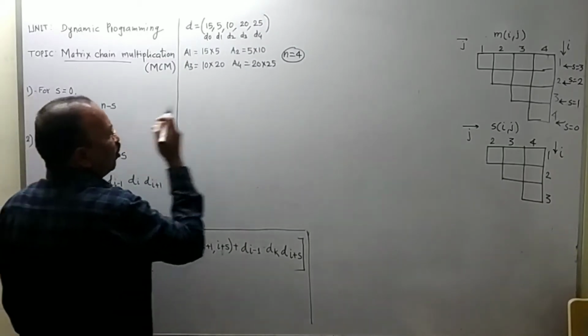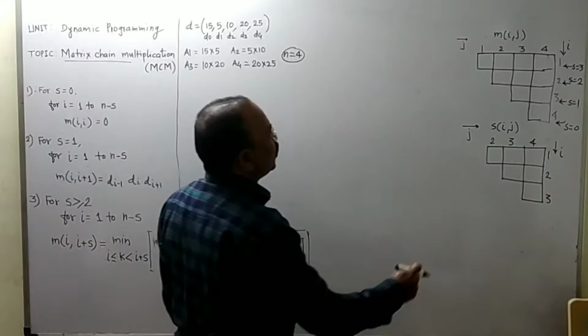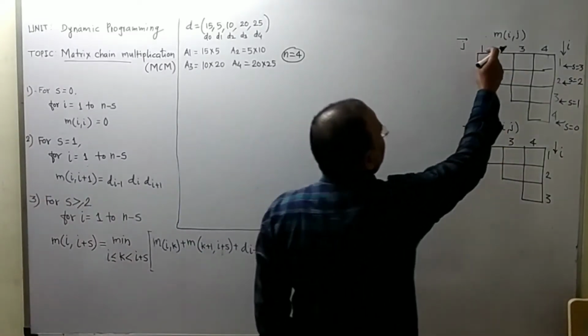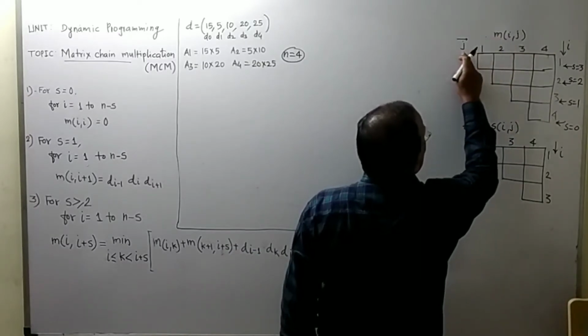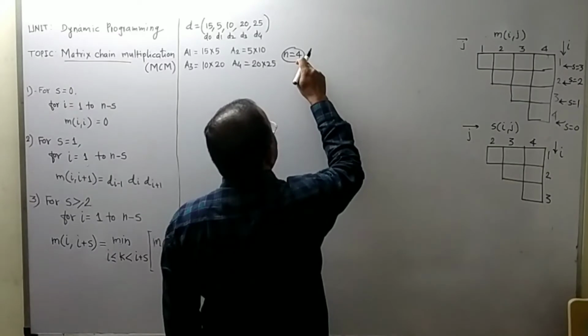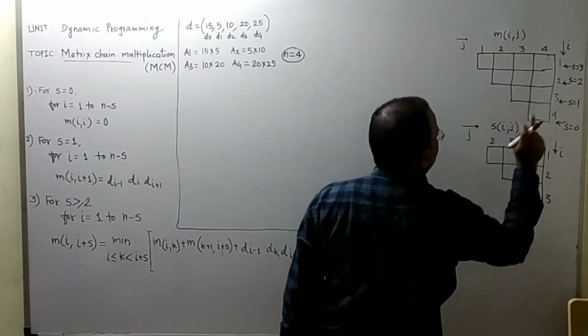Now once we have got the value of n, we have to specify the structures of two tables, the M table and the S table. In the M table, J starts from 1 to n, where n is the number of matrices, that is 4, and I starts from 1 to n, that is 4.